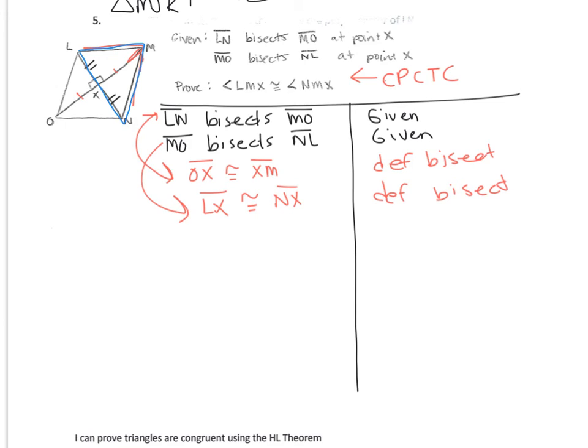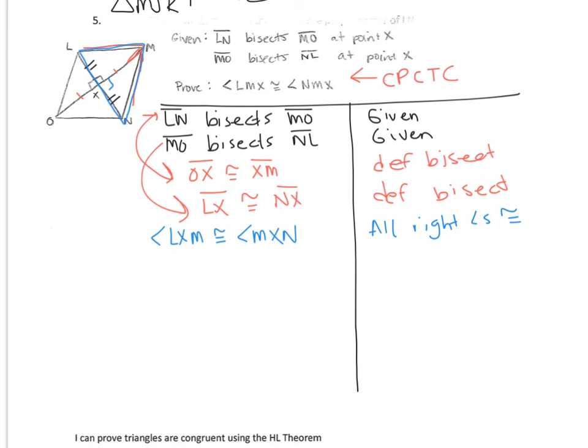Because I'm given that this is a right angle, so I can write that angle LXM is congruent to angle MXN by all right angles are congruent. So now I have two segments that are separated by an angle, so I have side, angle, side. So I thought I was going to use HL, and I didn't.